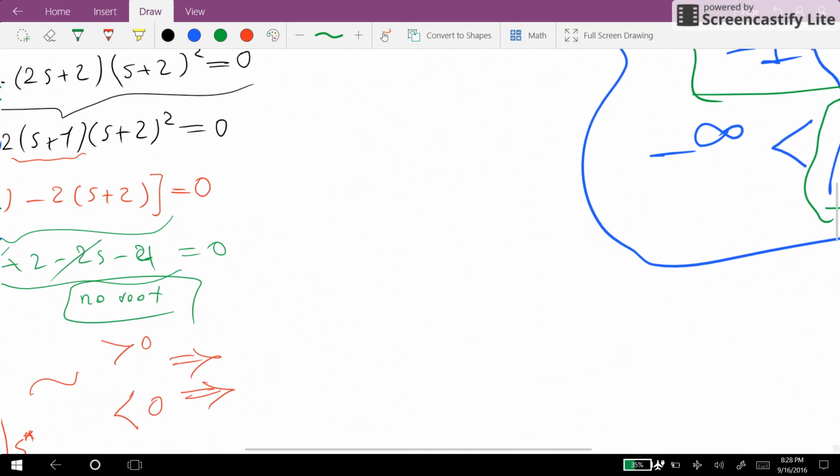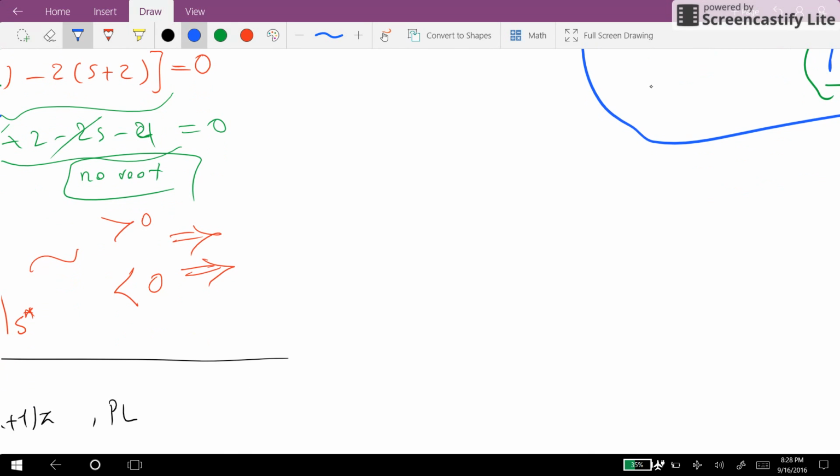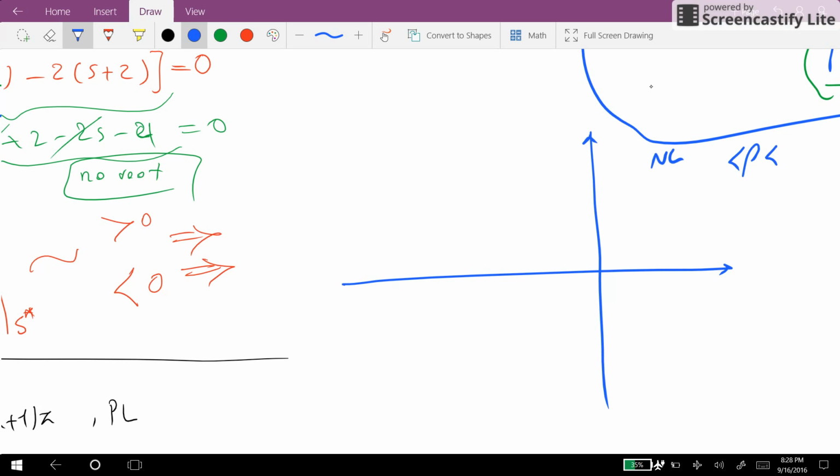Let me draw it again. For the negative locus, where rho is between 0 and minus infinity, we have this situation: two zeros here, two poles here. One of the poles goes towards 0 in this way, and the other pole goes towards minus infinity, but at some point it comes back from the positive values. It moves towards 0 like this.